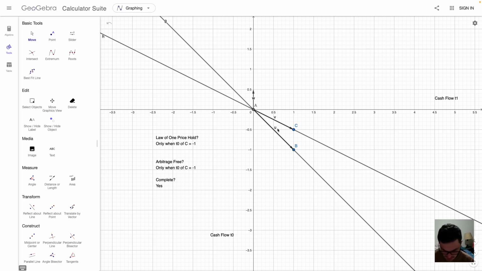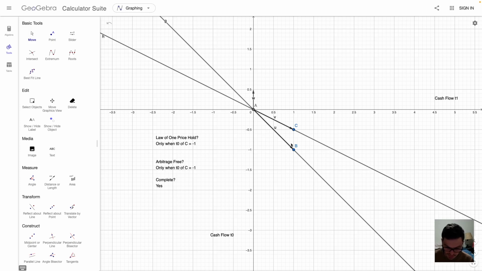And let's think here. So this is a perfect example of the law of one price not holding. Remember, the cash flow in time 1 is 1 for this asset, and it costs us 50 cents today. And this asset gives us $1 in the future, and it costs us $1 today. So 2 assets pay off the same amount later, but they cost a different amount today. Therefore, the law of one price does not hold.